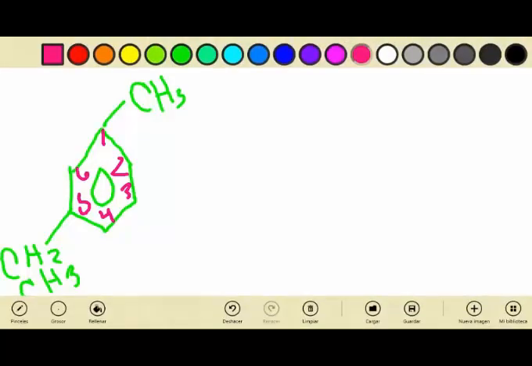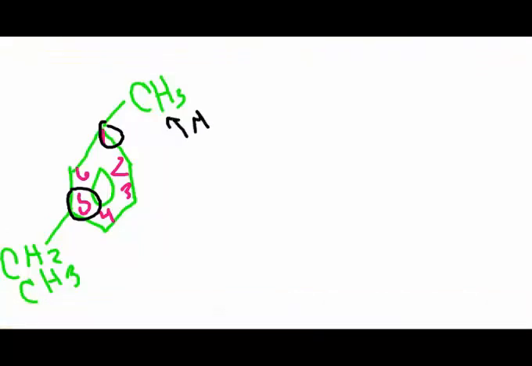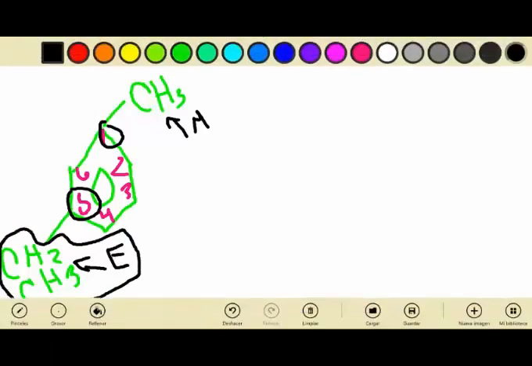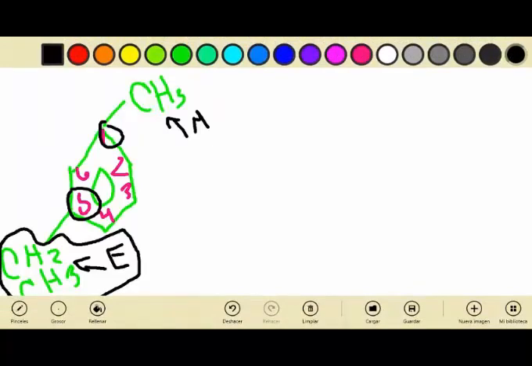Then we're gonna circle where methyl is and where ethyl is. And then we're gonna order them alphabetically. Methyl starts with M, and ethyl starts with E. So ethyl will be the first one that we are gonna put in our formula.